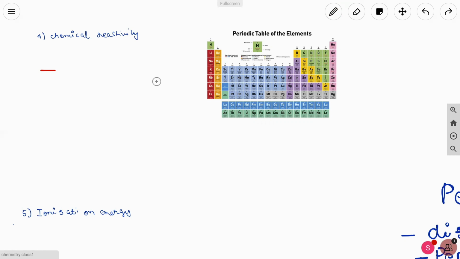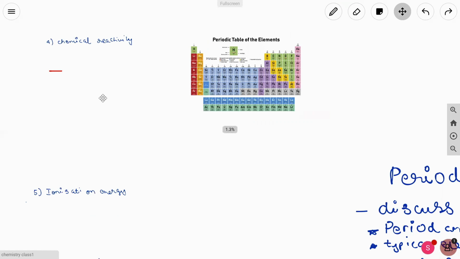It's because as the number of electrons increases, you need more energy to remove all of its electrons in order to form bonds. Ionic bonds are seen at the left end and the right end. As you go more centrally, you have more covalent bonds. So that's chemical reactivity.